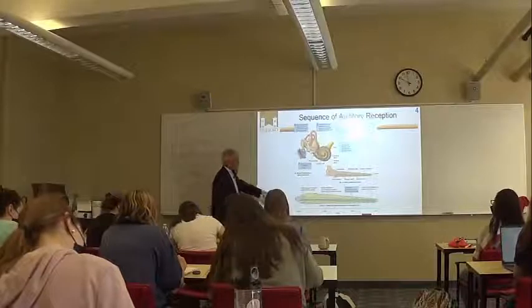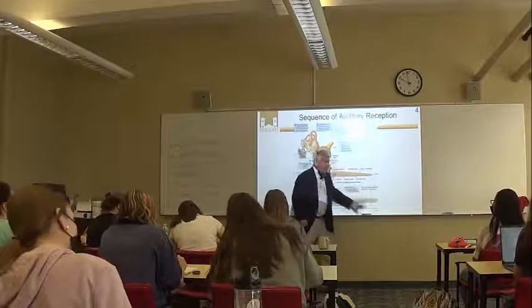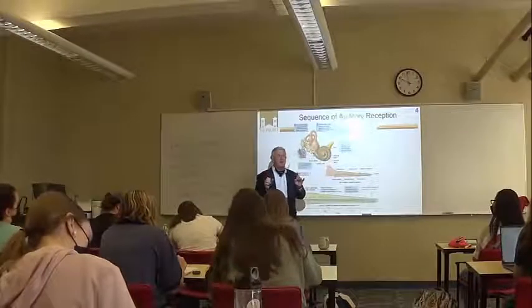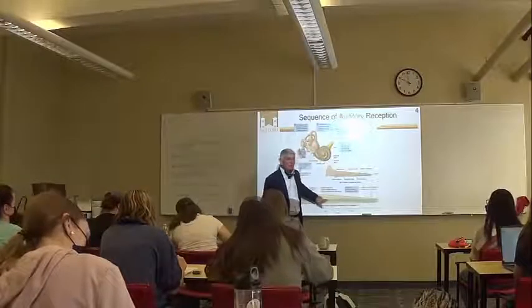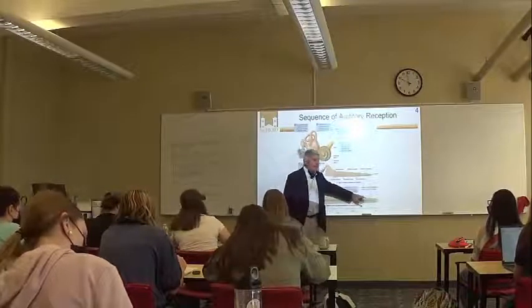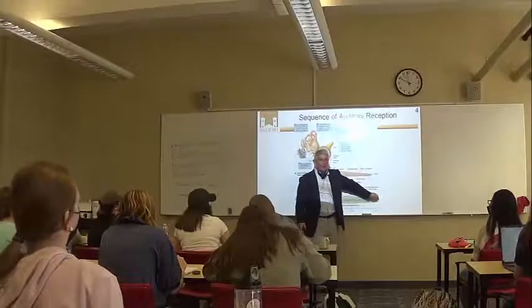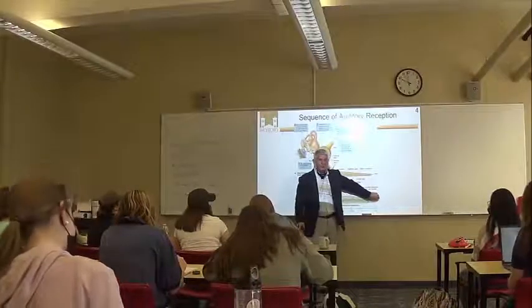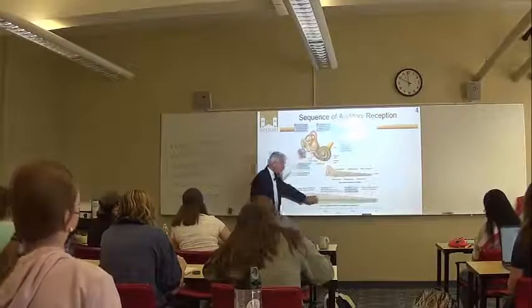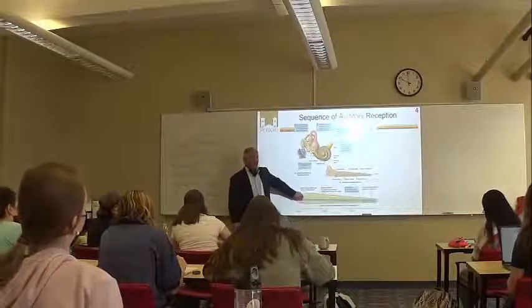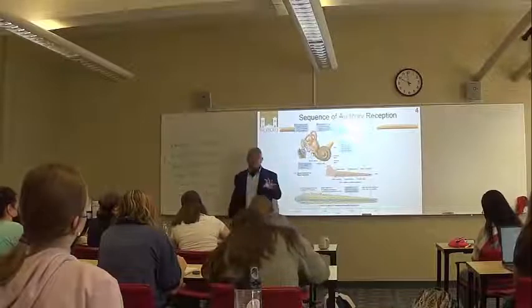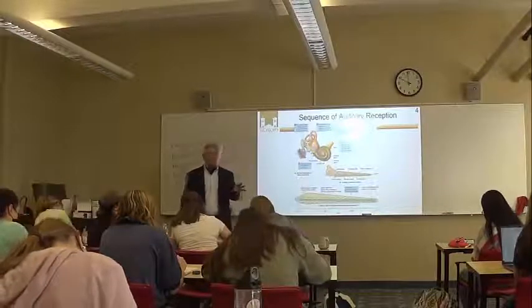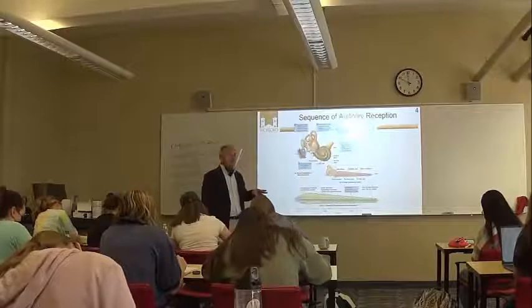But it vibrates down and around, and depending on the hertz, depending on the frequency, it's going to stimulate a particular place on the cochlea. The innermost part is low frequencies, and it goes all the way up to 20,000 hertz by the outermost part. So where on the cochlea gets stimulated corresponds to the tone that's present.